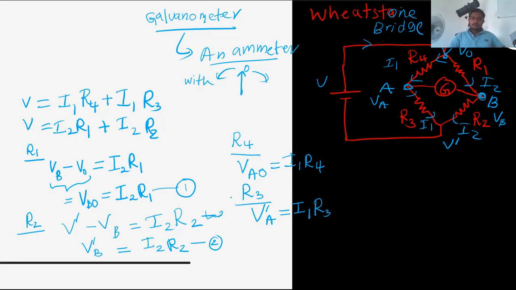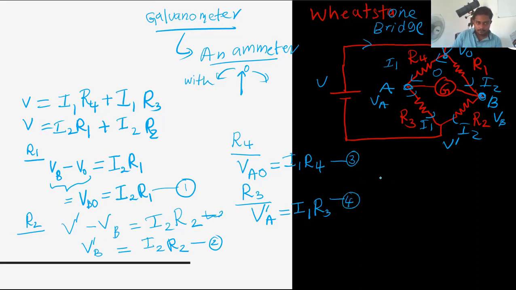Okay. Since this galvanometer says 0, the potential VA is equal to the potential VB. So I will take that later. So this is my third and fourth equations.